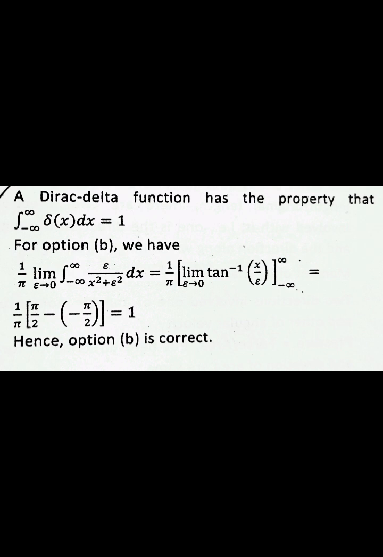If we take the option B and we use this property, then we can write 1 by pi limit e tends to 0 integral over minus infinity to infinity e by x square plus e square dx, and this is equal to 1 by pi into limit e tends to 0 tan inverse of x by e, where the limit goes from minus infinity to infinity, and this is equal to 1 by pi into pi by 2 minus minus pi by 2, and this is equal to 1. So this satisfies the Dirac delta function. So the answer is option B.